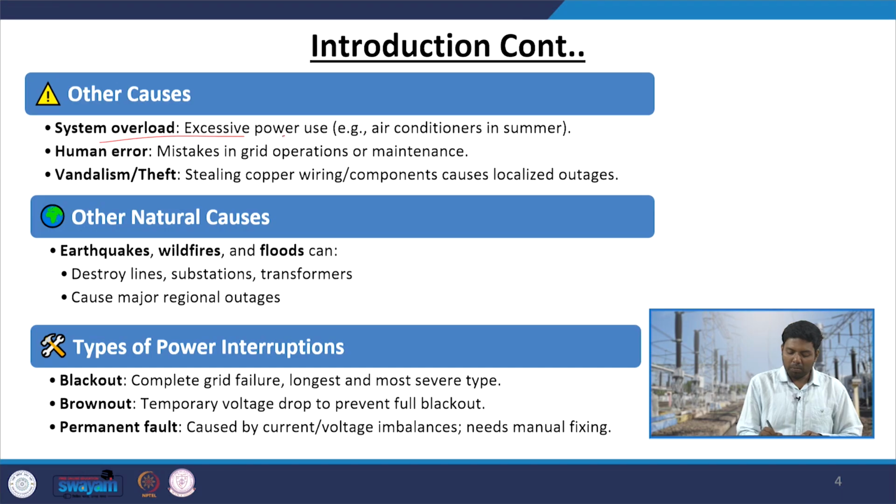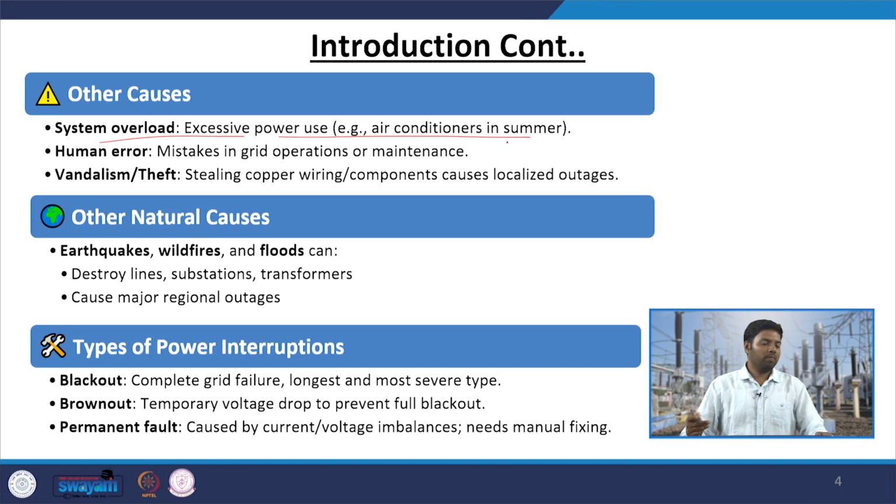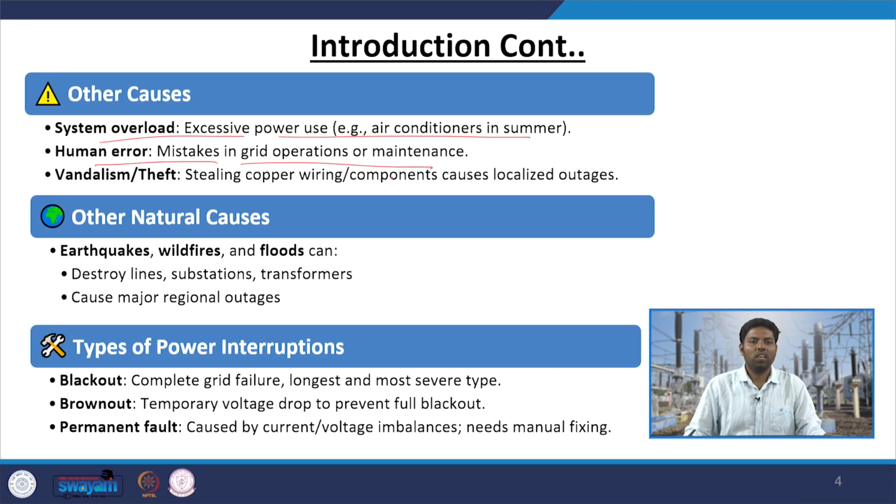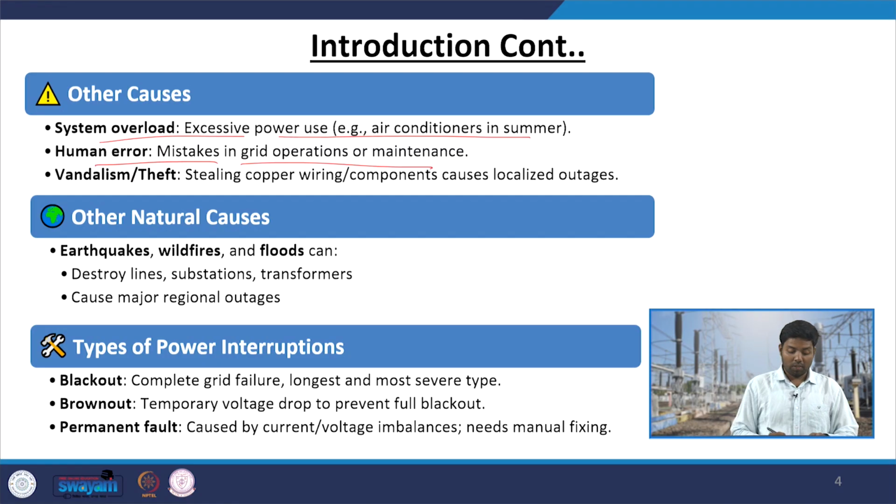If your system is experiencing a very high load, an overloading condition, at that time your line capacities are already full, and you have no other option but to shed the load. Then human error, by mistakes in the grid operation or maintenance. If there is any mistake by the humans or the operators, then also people experience power outage.